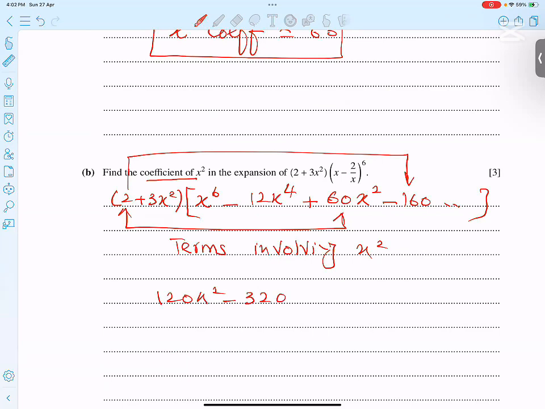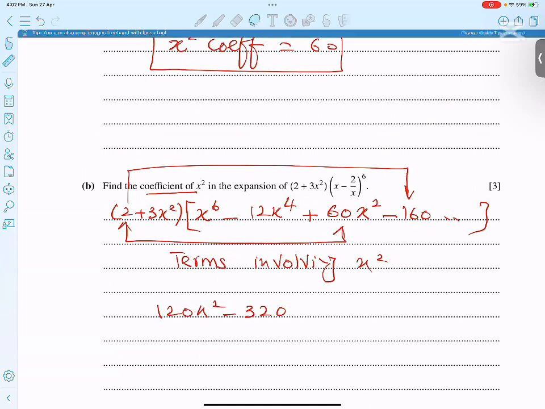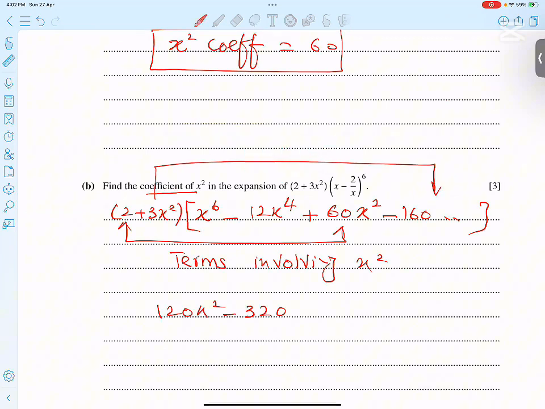Let me check once again. Wait a minute. 2 times 2. Yeah, sorry for that. This is a change. So this multiplies with this. So I get 480, so 480x to power 2. Repeating my words, 2 into that you get x to power 2, and x squared into the constant you get x to power 2. And negative 360x to power 2 is our answer.